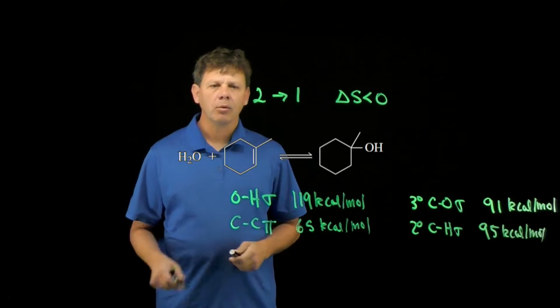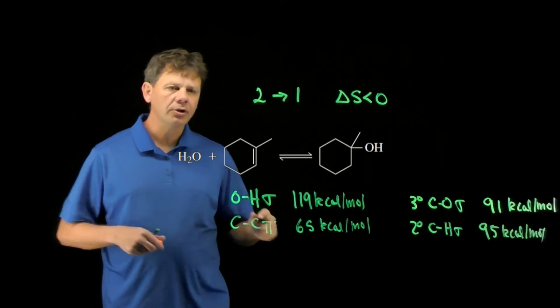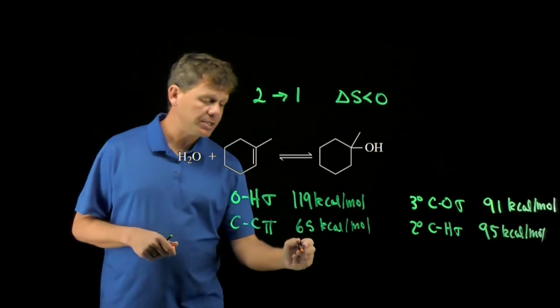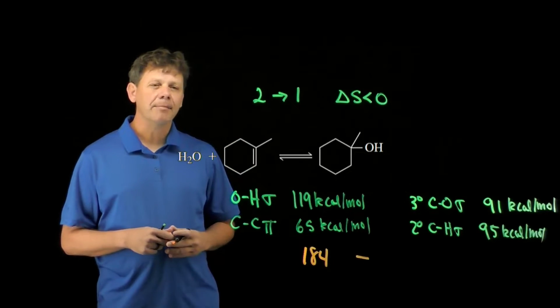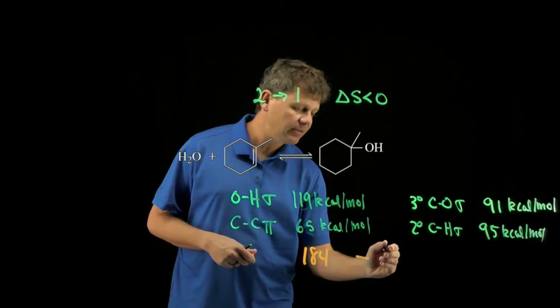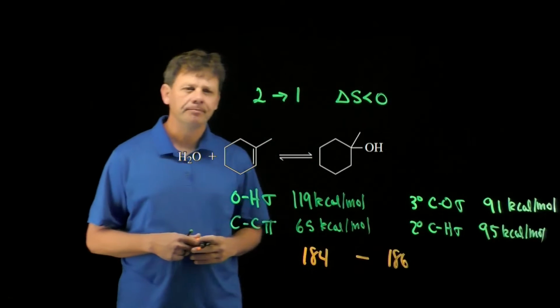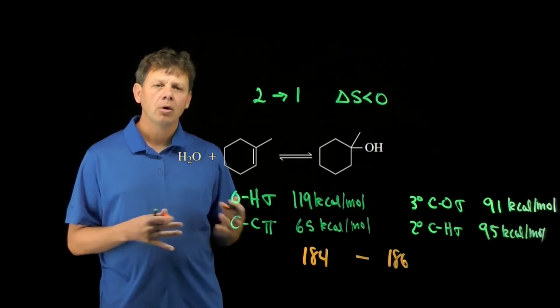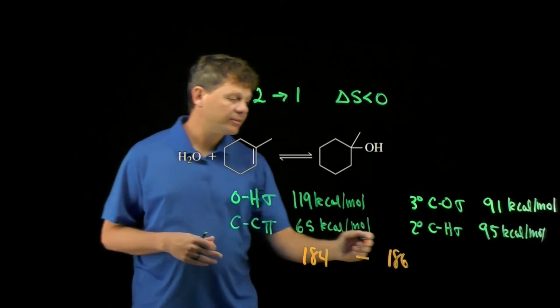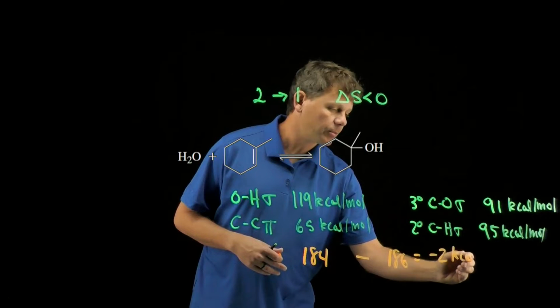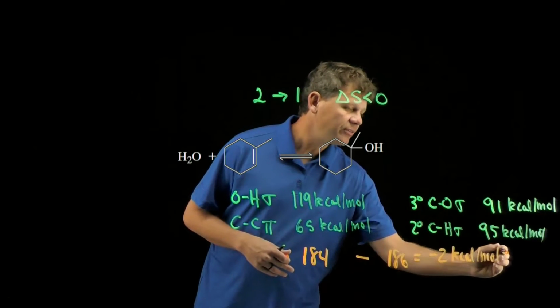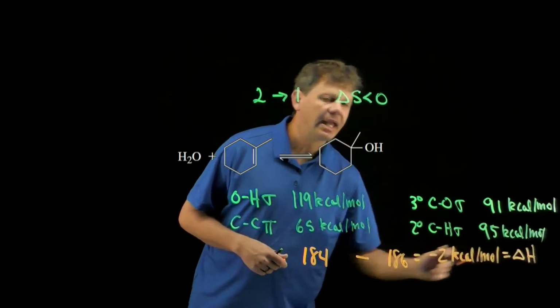If we do the math, what you notice is we have a total of 184 kilocalories of energy that we have to put in to break the bonds. We're going to get back a total of 186 kilocalories for the bonds that we form. 184 minus 186 gives us a value of -2 kilocalories per mole as our value of delta H.